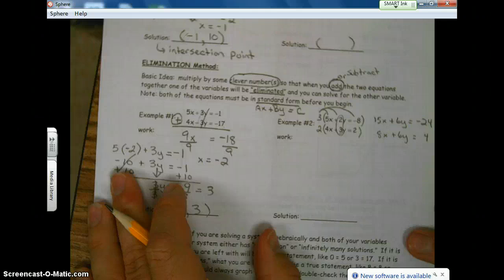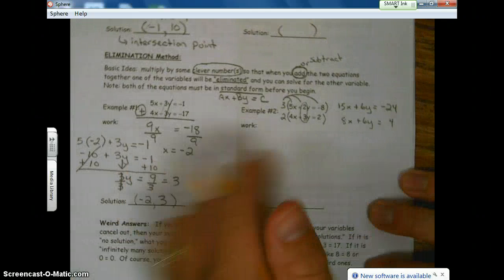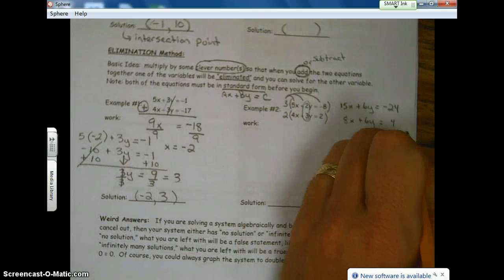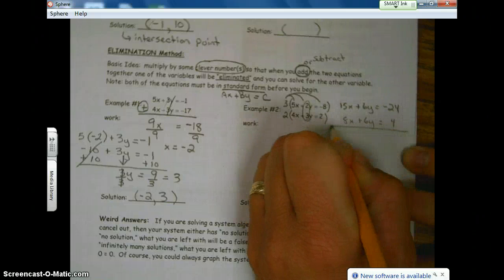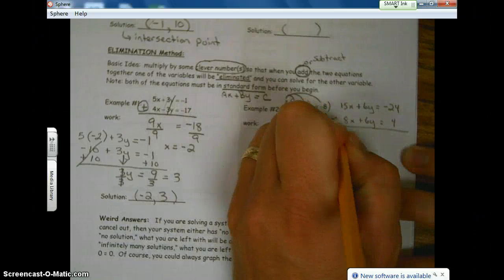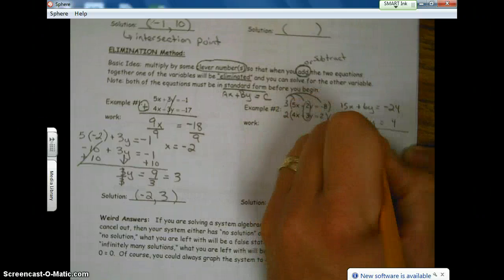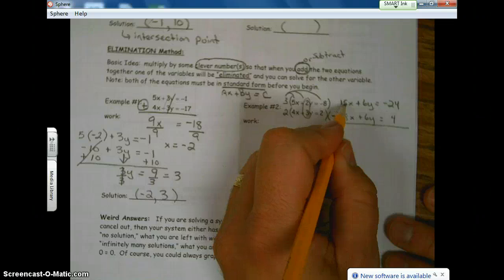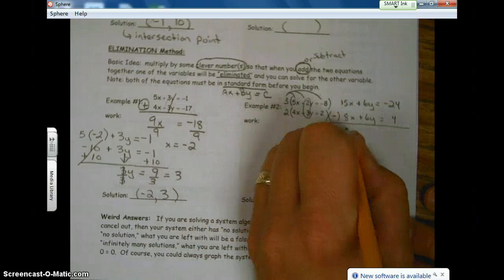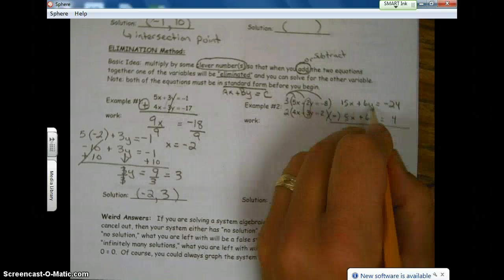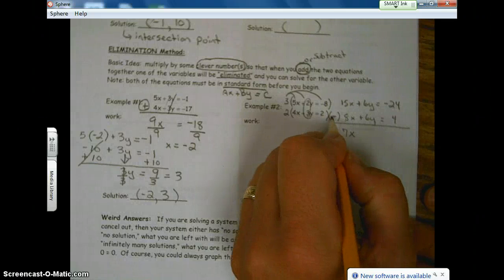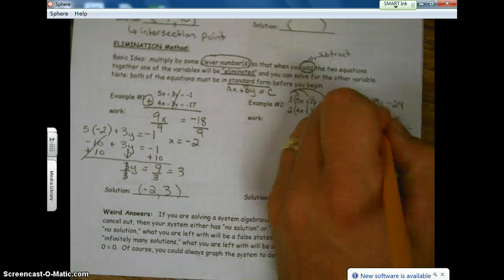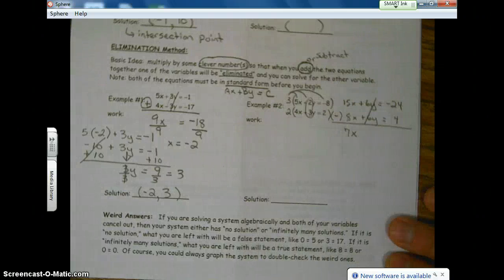Now, the thing about subtracting is it can be a little bit harder than adding. But you got to remember that we're subtracting everything. Okay, we're subtracting everything. So 15x minus 8x, 7x. 6y, don't forget, minus 6y eliminates.